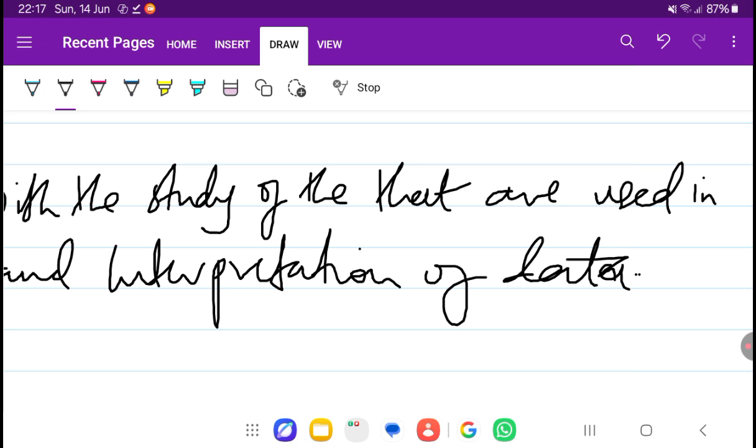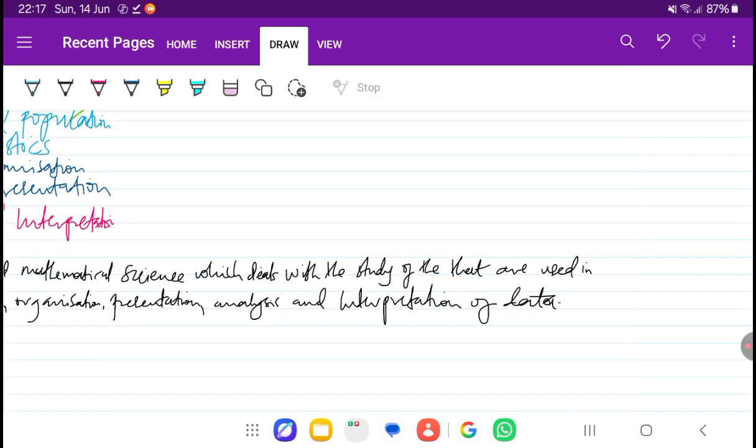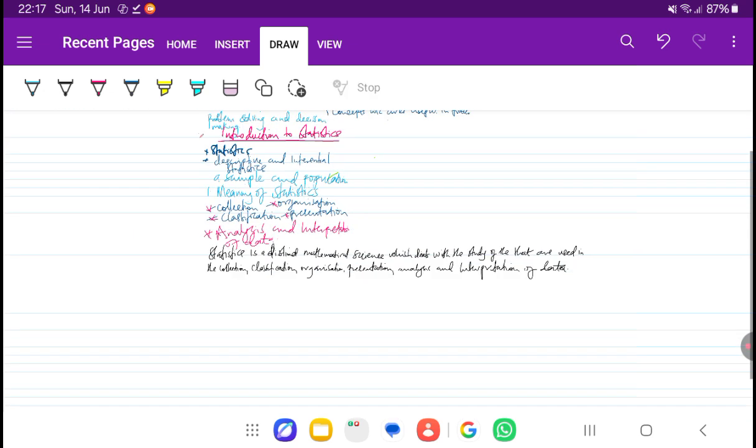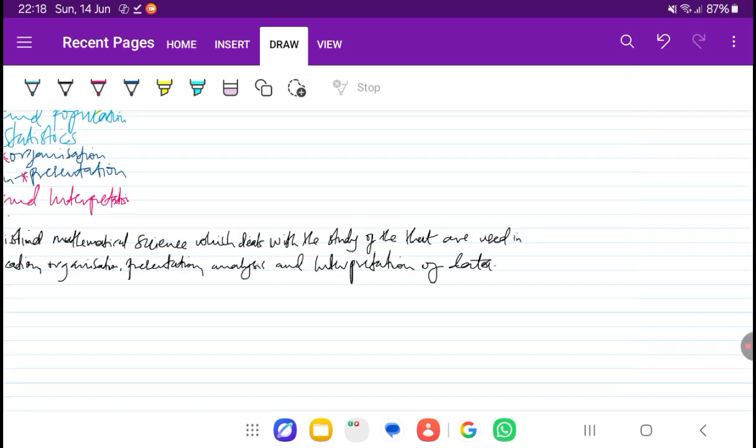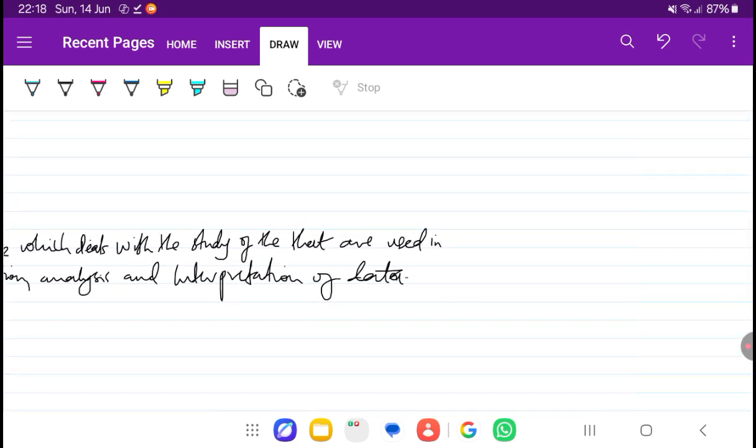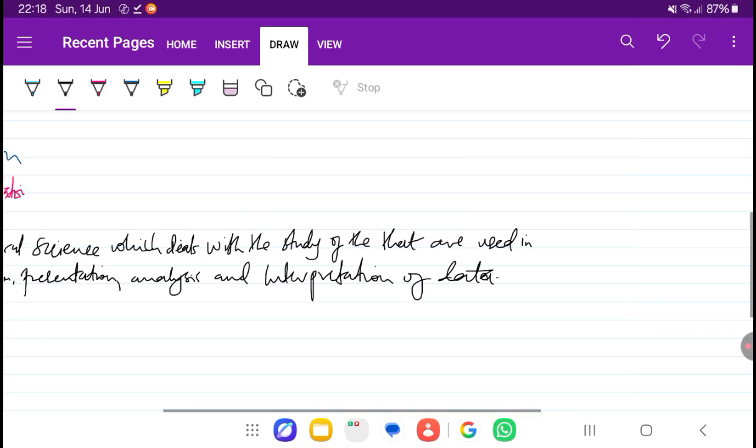Those are the different key things that we have to include when we are defining. It is a distinct mathematical science which deals with the study of the methods. We had not included the methods.